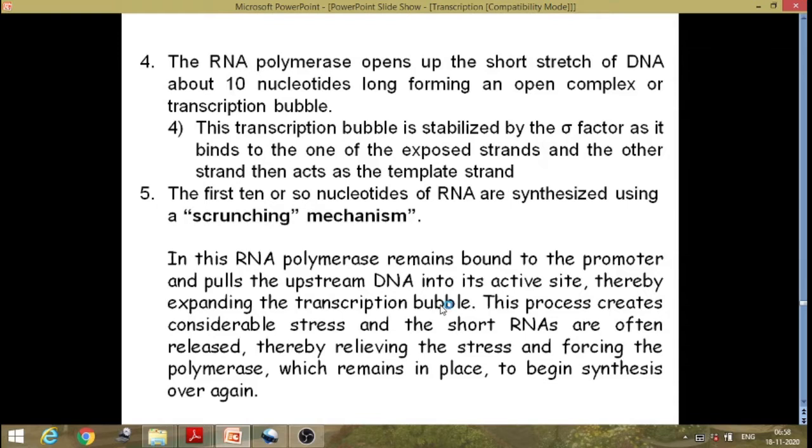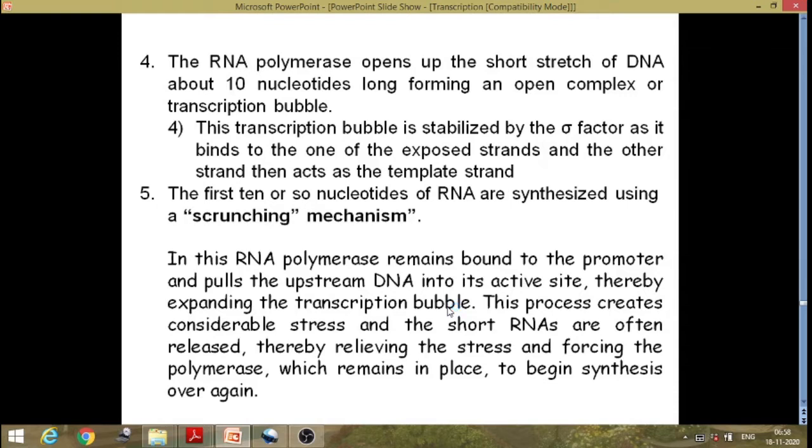Scrunching means squeezed into a compact mass, so basically the upstream DNA is squeezed into the active site.